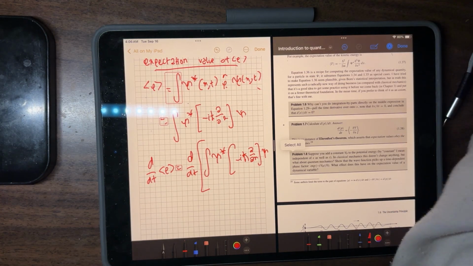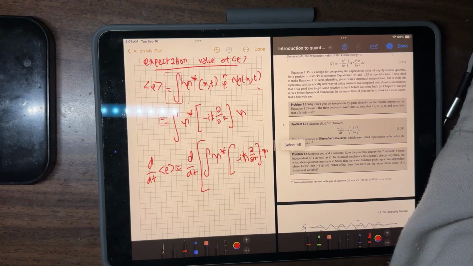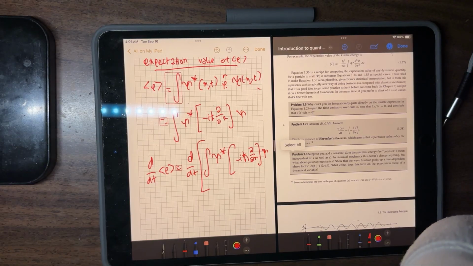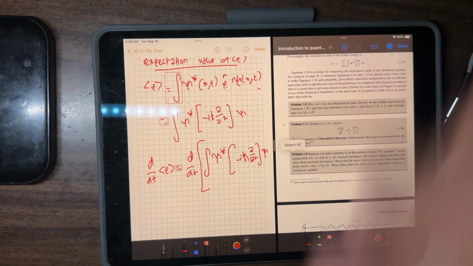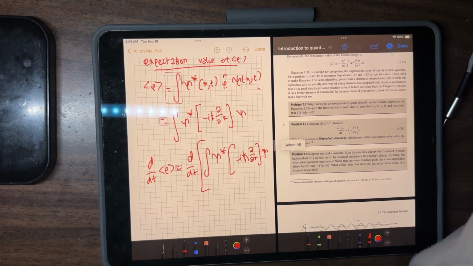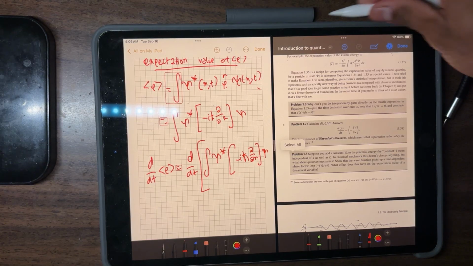Wait, what's that? Wait, what? D by dt of expectation value of p is d by dt of psi conjugate times iota h bar curl x psi. I don't understand step 2.